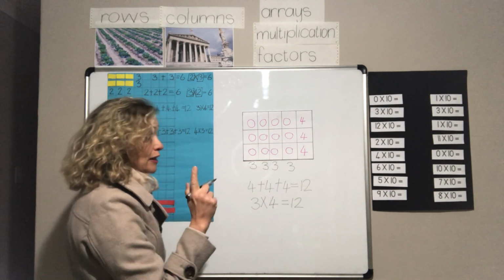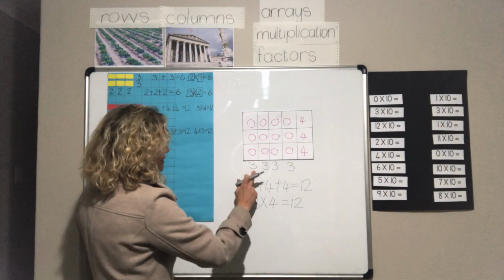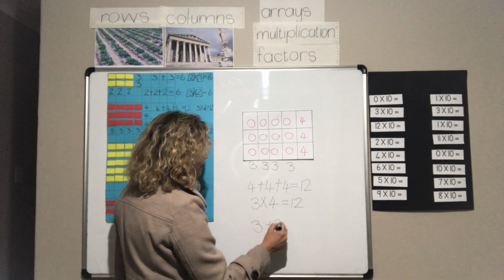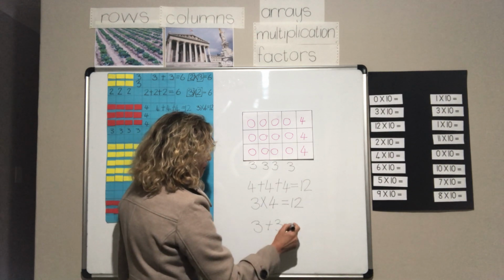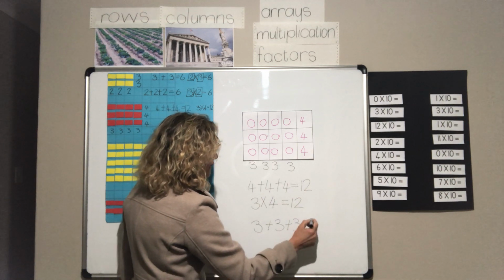Right. The other way around would also be true. We could say this is 3 plus 3 plus 3 plus 3.